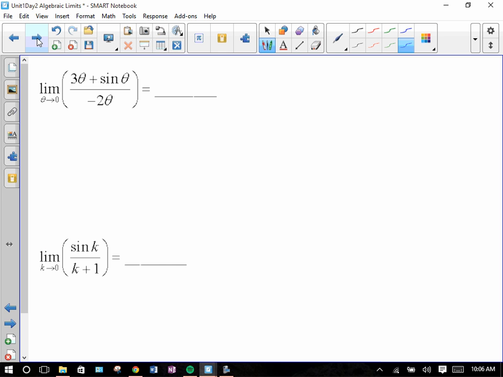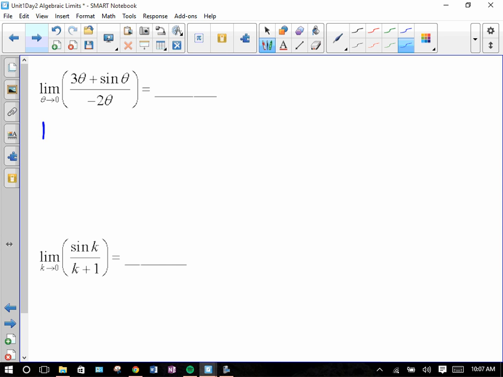Let me give you guys a hint. This is essentially like I took 2 fractions and made it into 1. Now I have 1 fraction. So I'm going to rewrite this. Like 3 over negative 2 theta, I can do 3 theta over negative 2 theta.